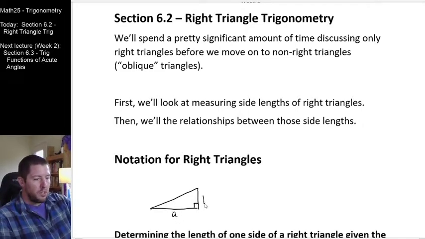A typical usage for labeling the side lengths is to do lowercase letters A, B, and C. We're going to later use some capital letters A, B, and C to indicate some angles. So if you're following this convention, lowercase is a specific part of it here. In general, we refer to these two guys right here, the A and the B, each as legs.